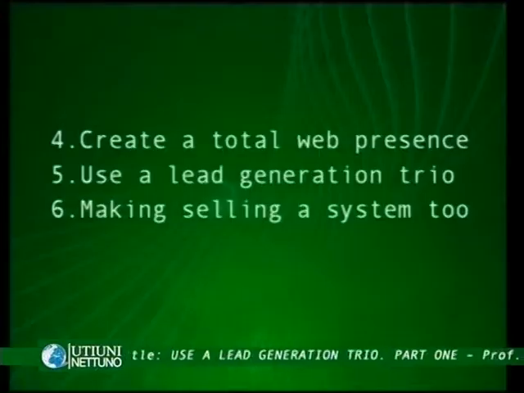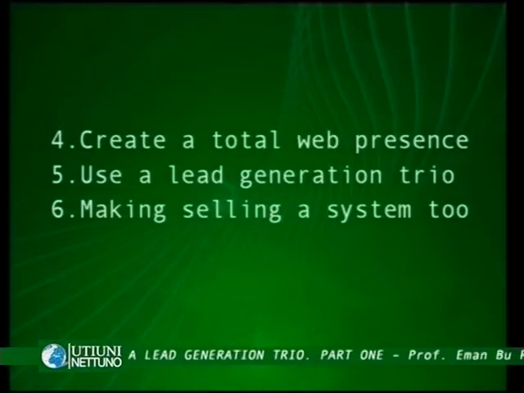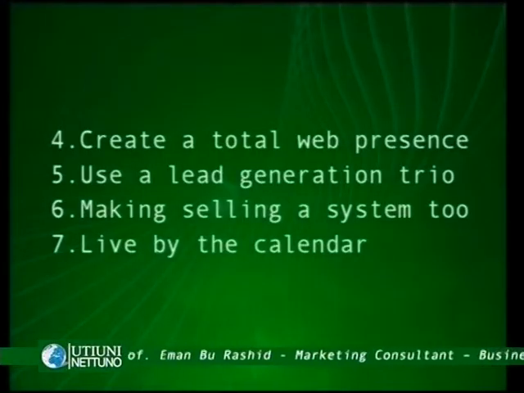And then the step that follows would be making selling a system too. Now, selling is not just come and buy. There is a system for you to start selling properly. And the last session will be live by the calendar. After all of the work that we have done together and your checklist, you begin to put that in a systematic way so that you can put it into action.